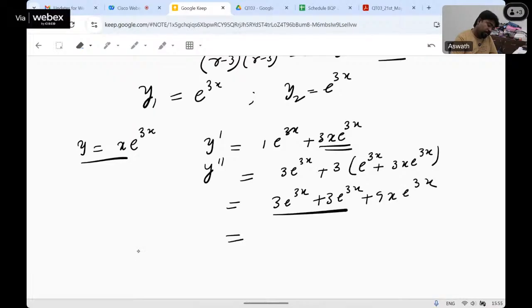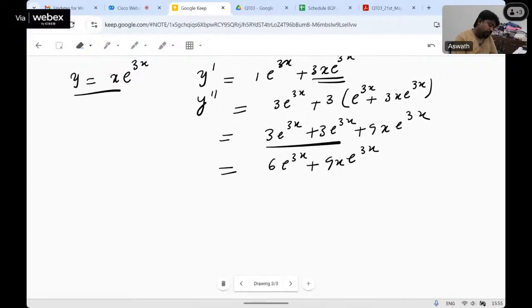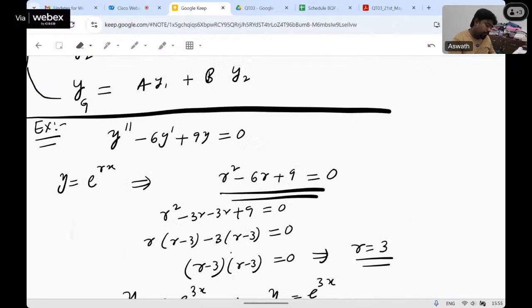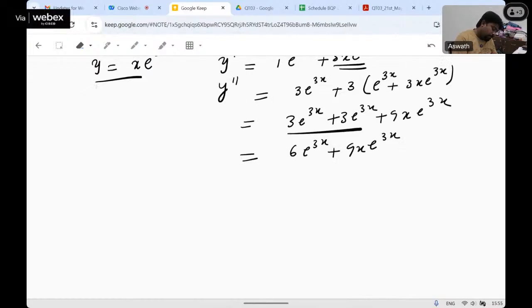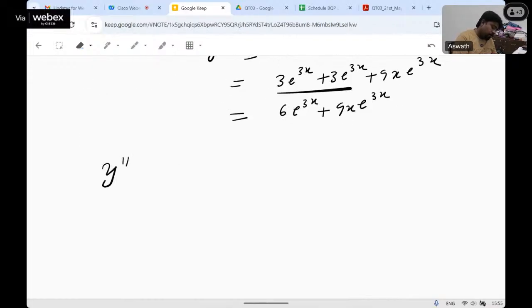This sums to 6 exponential 3x plus 9x exponential 3x. Let me substitute into my equation. My equation is y double prime minus 6y prime plus 9y is equal to 0.